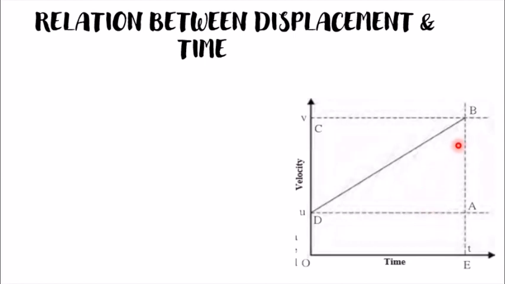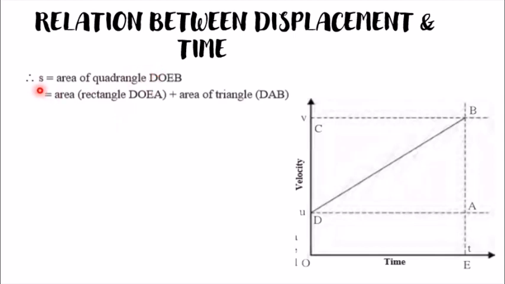So here also, to find the distance s, the area of quadrangle DOEB, we will add the area of rectangle DOEA plus the area of triangle DAB. The formula for the area of a rectangle is length into breadth, and the area of a triangle is half into base into height.